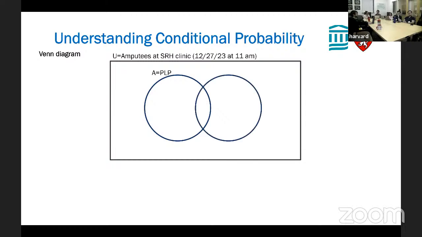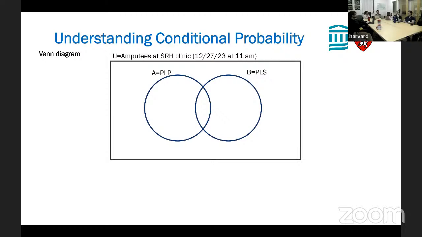Then we have another event that could happen at the same time, because they are not mutually exclusive: the phantom limb sensation, PLS. Those two are different variables that are both part of a phantom limb experience. One is painful and the other is non-painful.